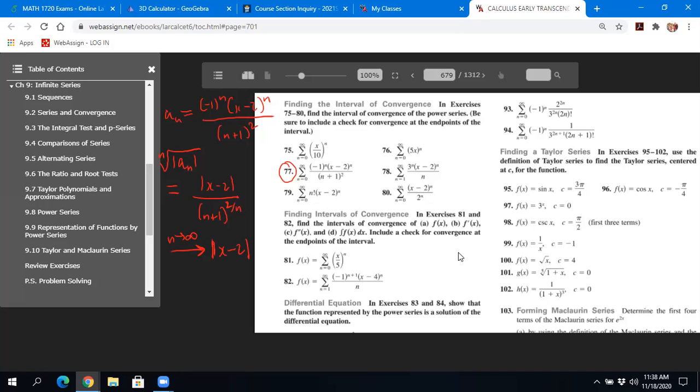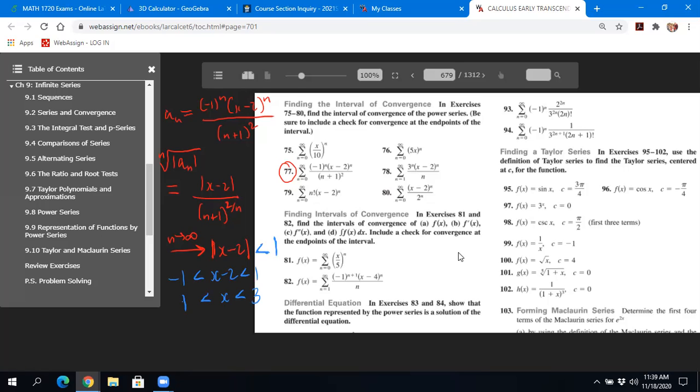It needs to be less than 1, which means x-2 is between 1 and -1, which means x is somewhere between where and where? I would just add 2 to everything and get that x is between 1 and 3, yeah?